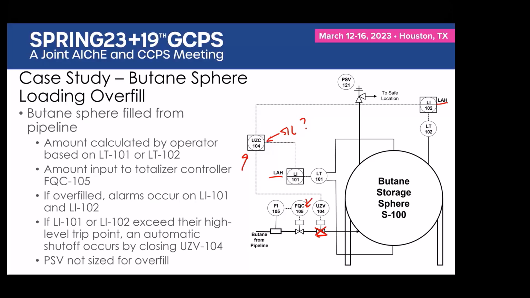Now, that's LOPA. What we're talking about here is fault tree analysis. And when we go into fault tree analysis, we now are not constrained or handcuffed by the LOPA rules. But at the same time, we need to go into a lot more detail to make the assessment.